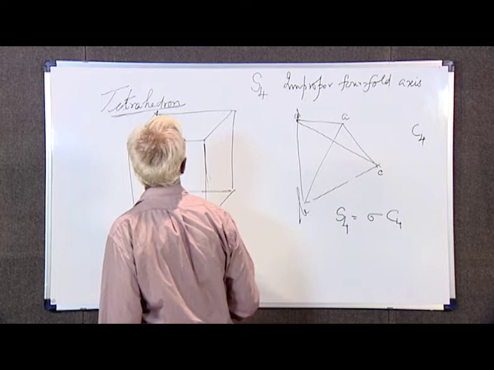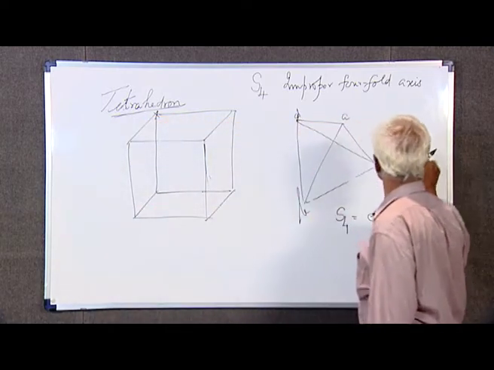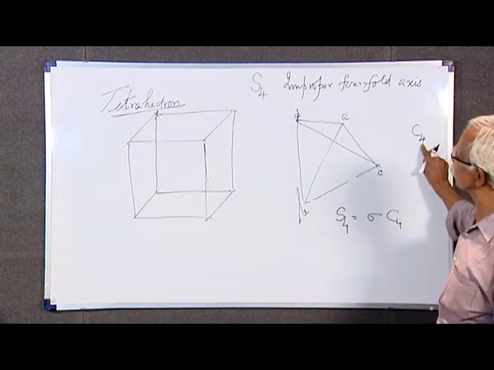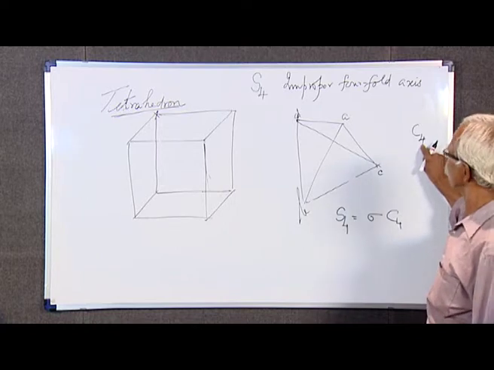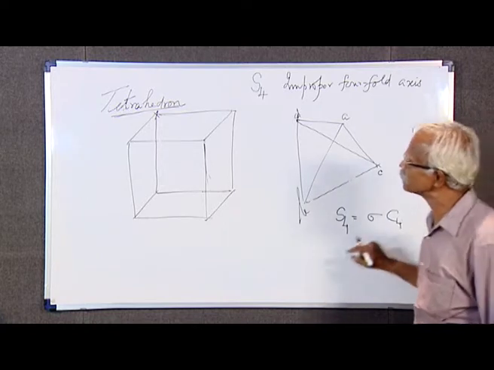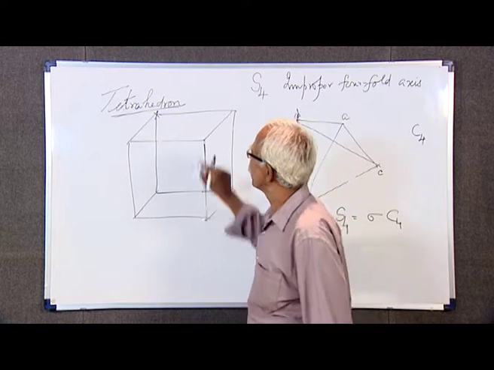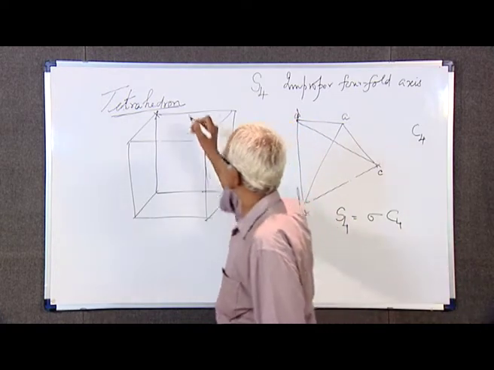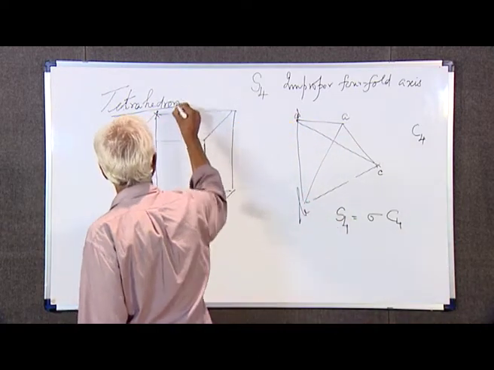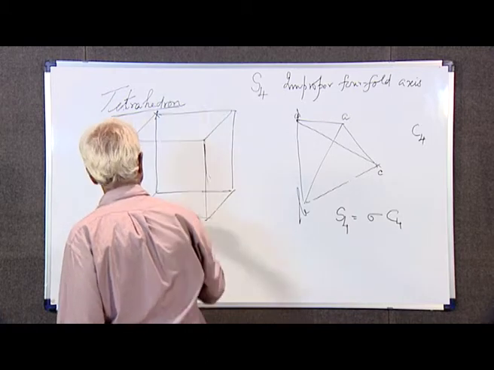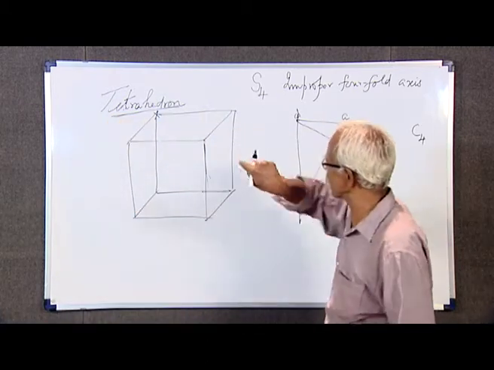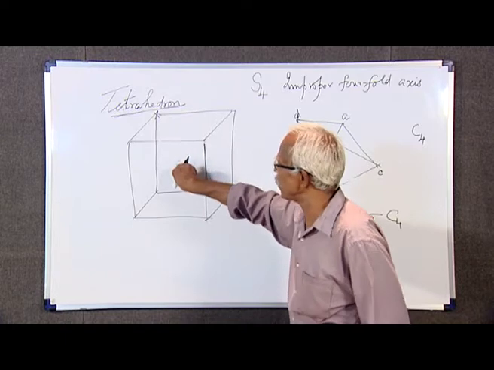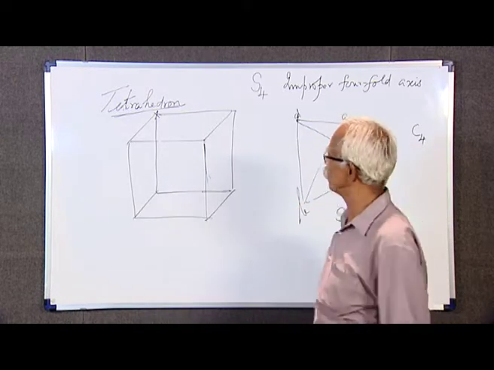Rotate through 90 degrees, because 4 times repeated is full circle. You rotate through 90 degrees about this axis. The axis can be like this, or like this, or like this, all passing through the body center of the cube.